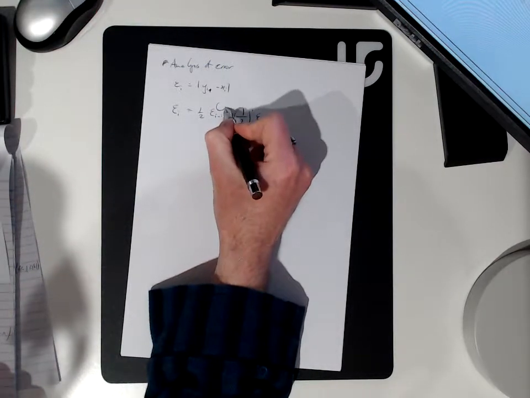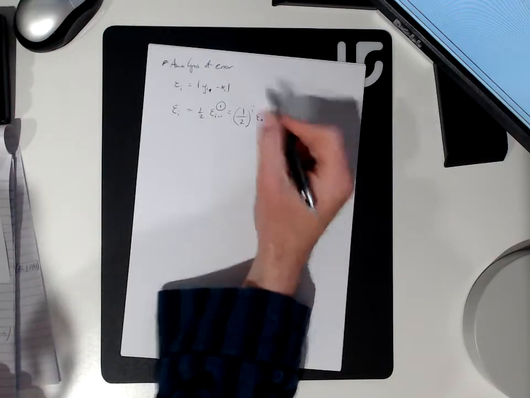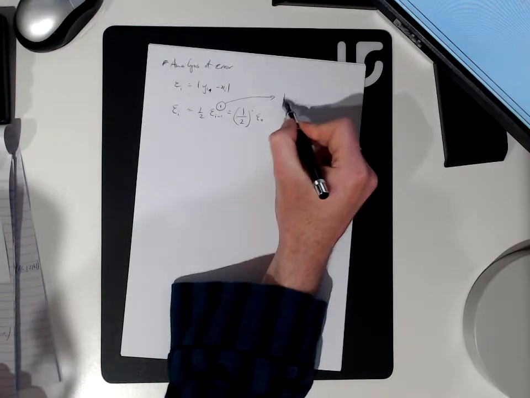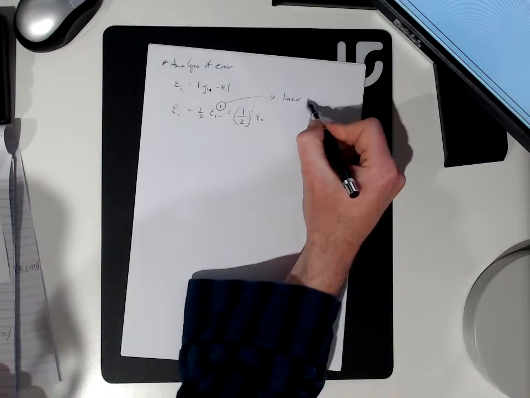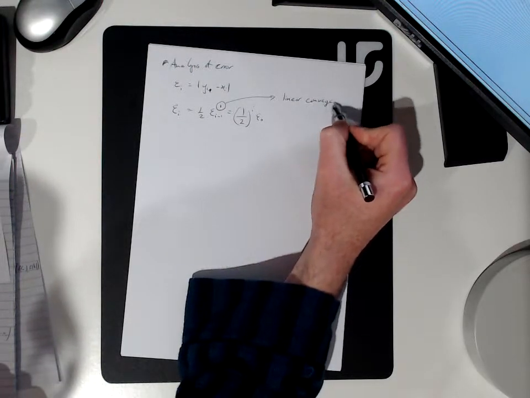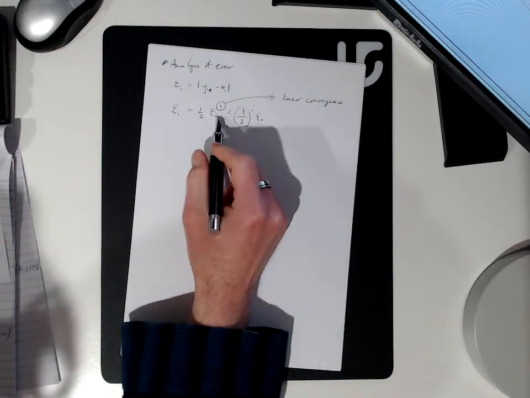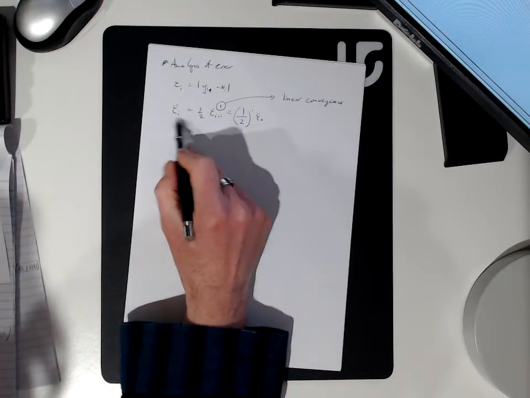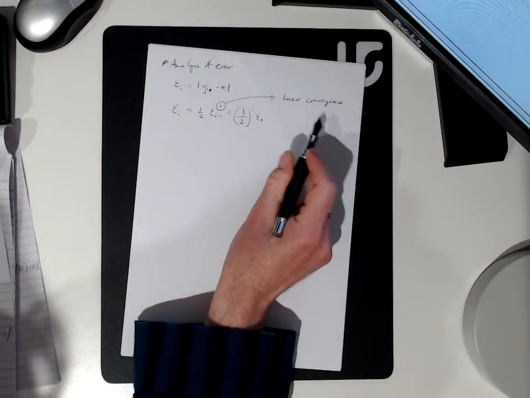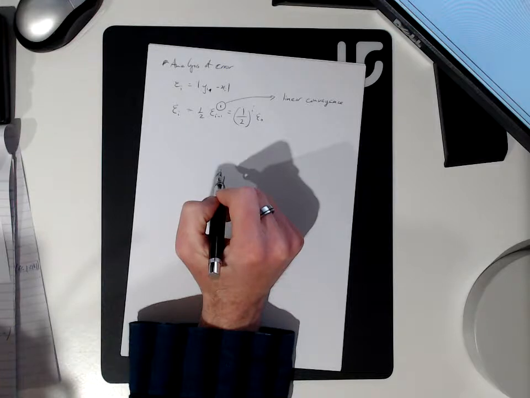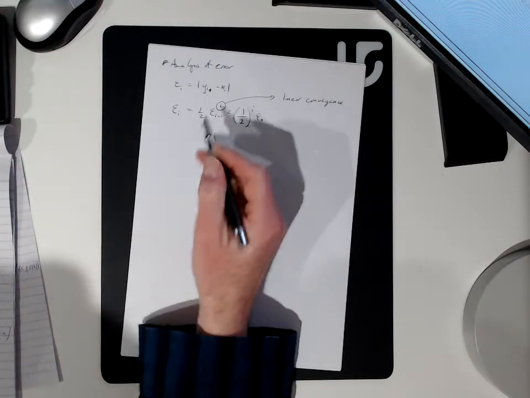Now, the exponent here is implicitly a 1, and that is defining linear convergence. The error term gets smaller by some constant to the power of 1. Linear convergence. Right, definition.